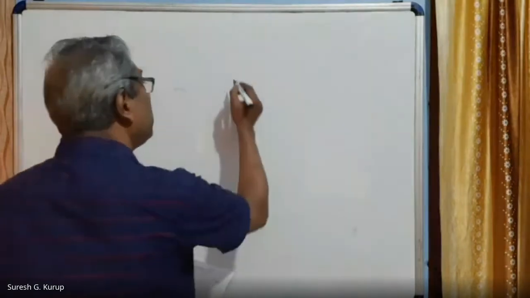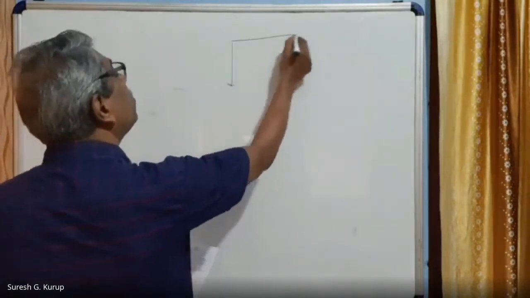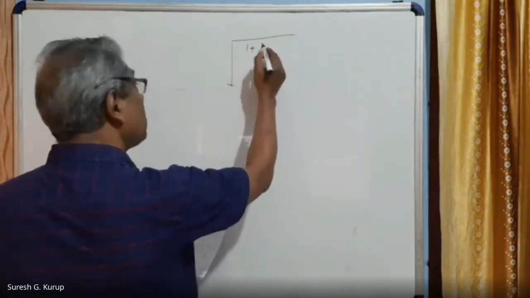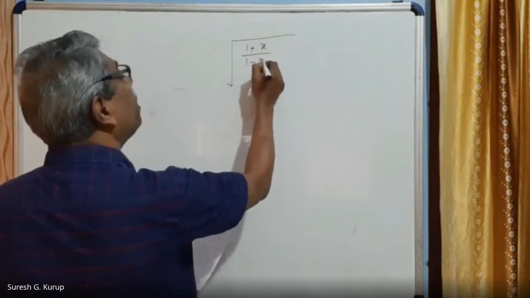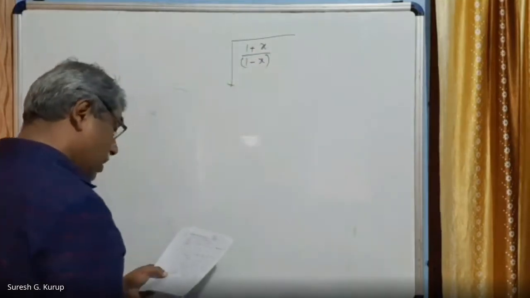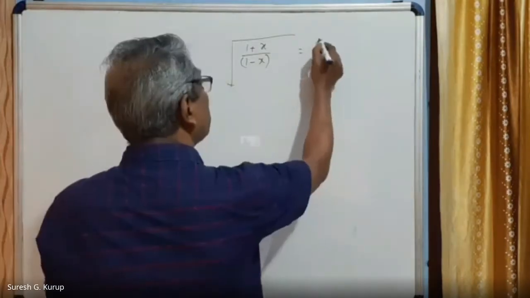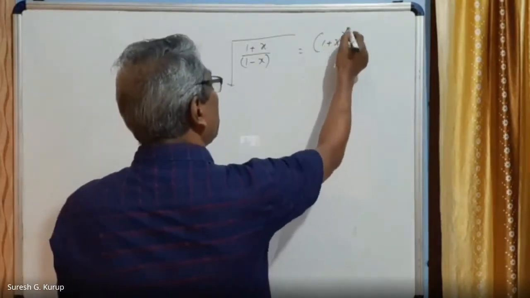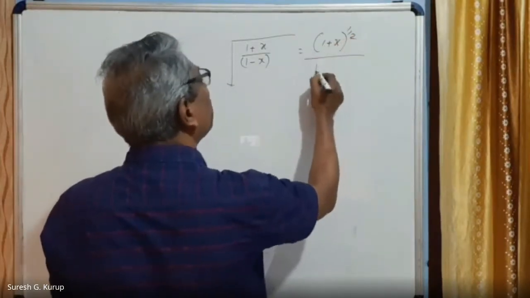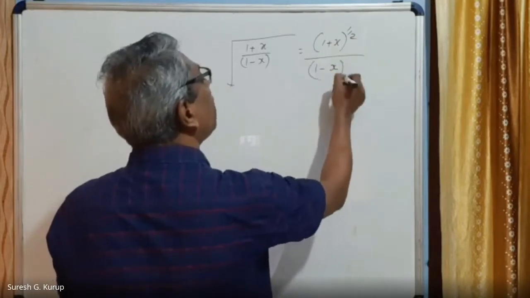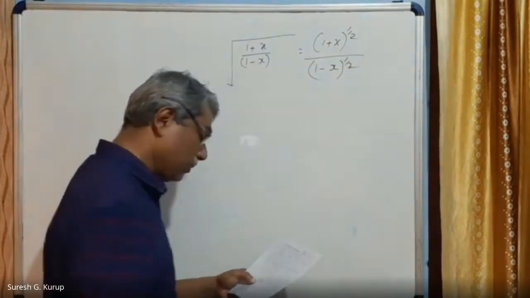Another one I am going to tell you is this case. This is root of 1 plus x divided by 1 minus x. This thing can be equal to 1 plus x, the whole raised to 1 by 2, divided by 1 minus x, the whole raised to 1 by 2.